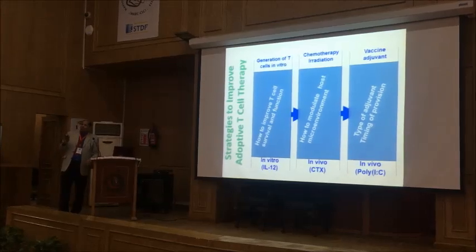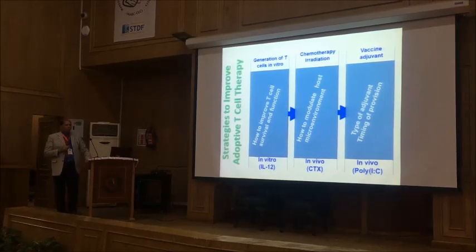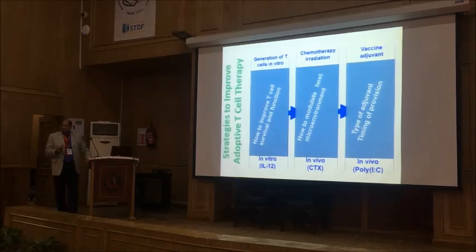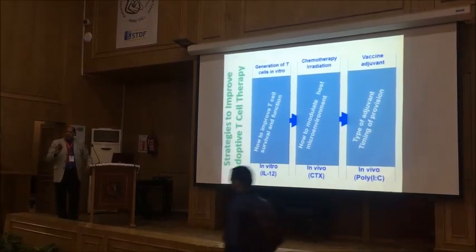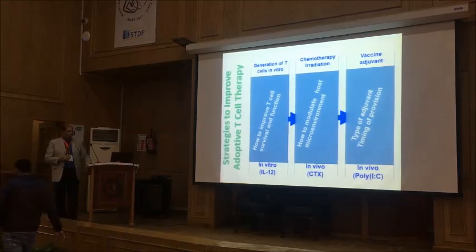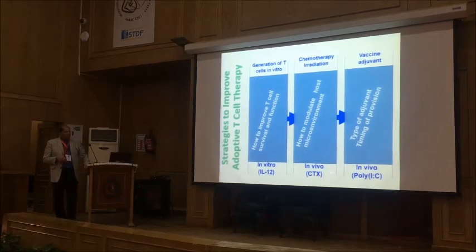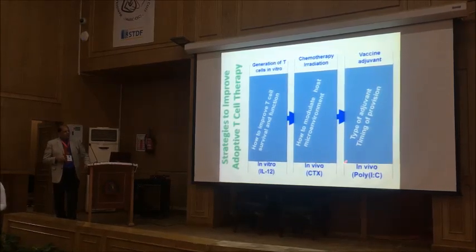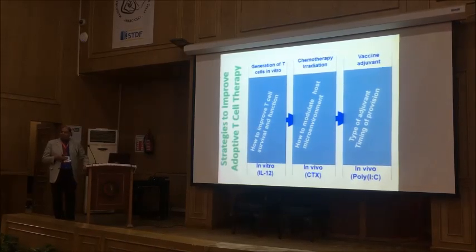In most of the previous studies at NIH and other groups, they used IL-2, IL-7, IL-15, considering these cytokines enhance survival and proliferation of T cells, but we used IL-12, and I'll show you fantastic data about IL-12.